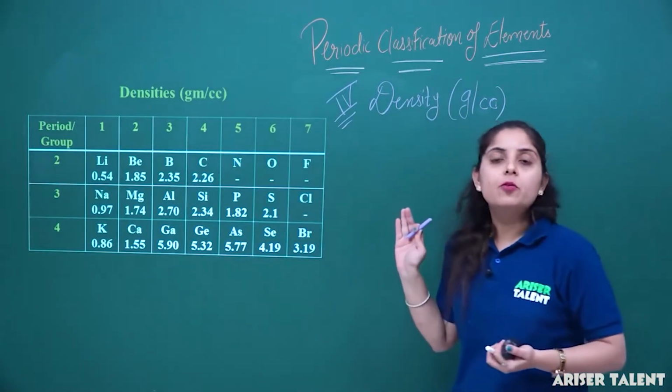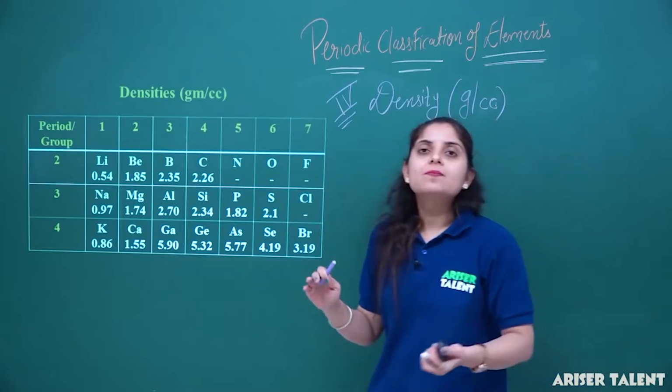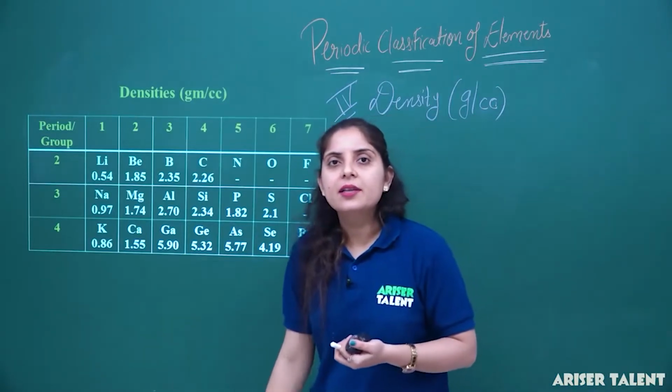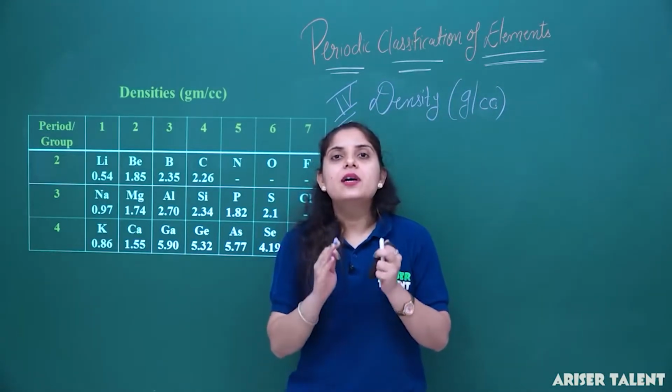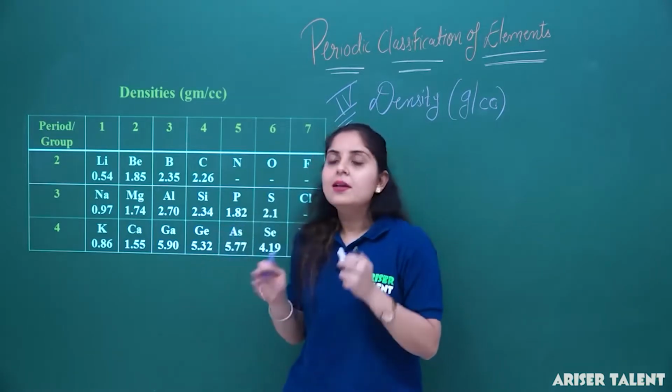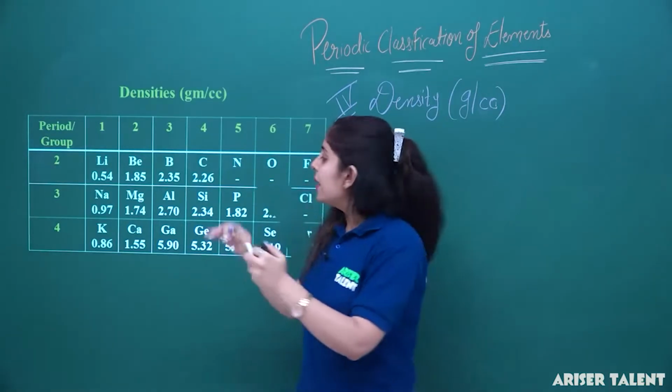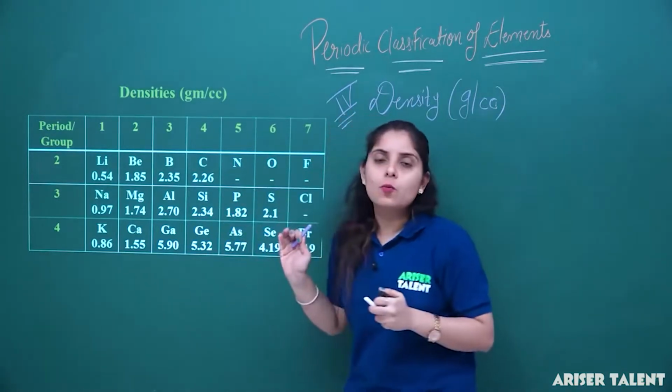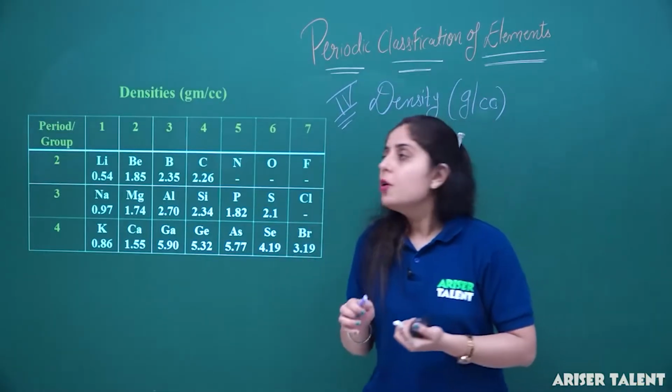So firstly, density is related to the increase in atomic number. It first shows an increasing trend, then it becomes constant, and again it shows a downward slope. It means it will again decrease in the group.